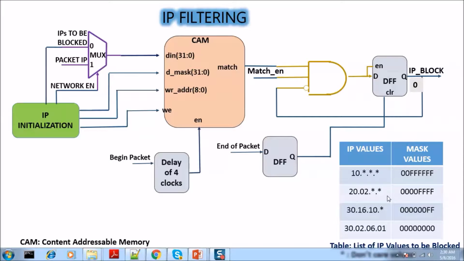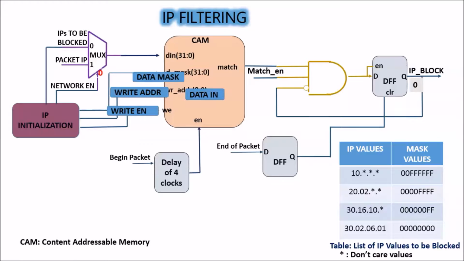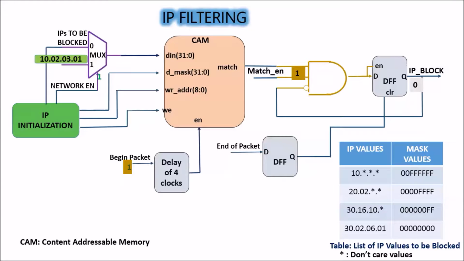Initially, in the initialization phase, we store the IP and the mask values into the CAM. At this time, the network is not enabled and the values are stored. Now, the network is enabled and we receive the packet. At the same time, the begin packet signal enables the CAM when it receives the IP from the header.